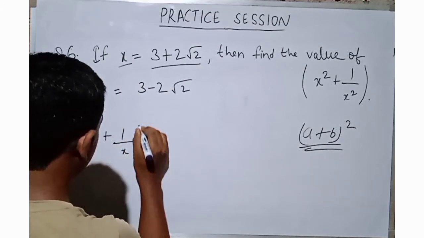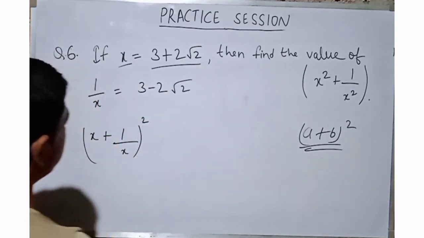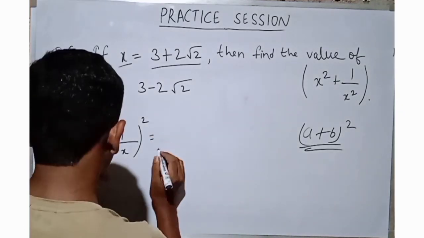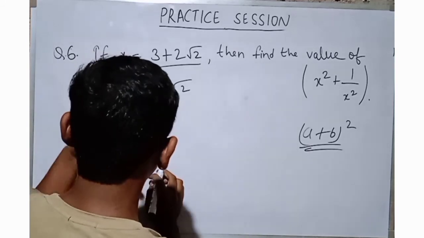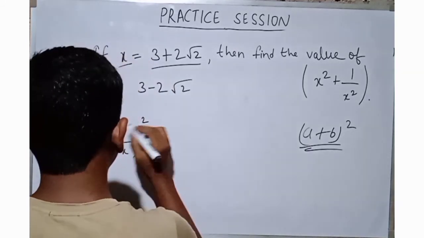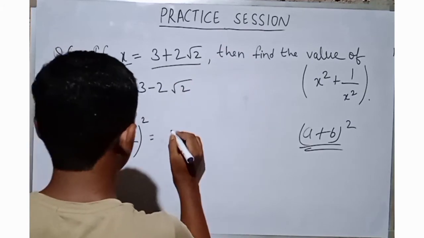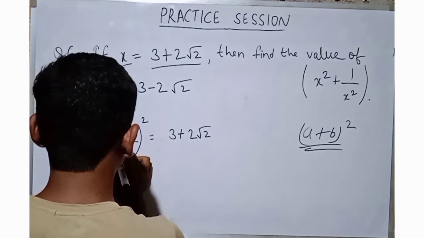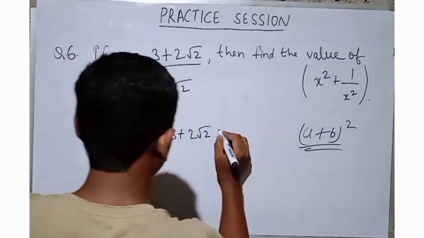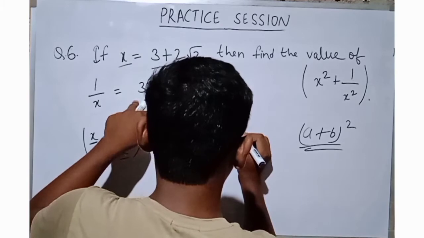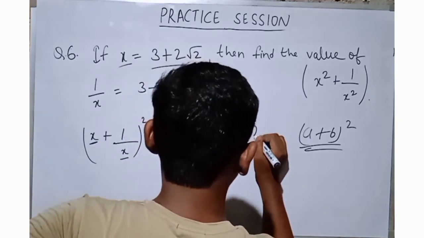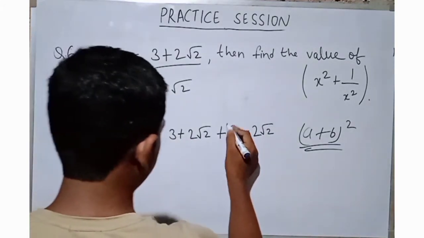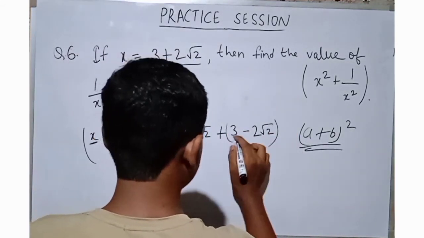The value of x is 3 plus 2 root 2, and the value of 1 by x will be plus 3 minus 2 root 2. If you just bracket that, then it will be also plus 3 and minus 2 root 2.